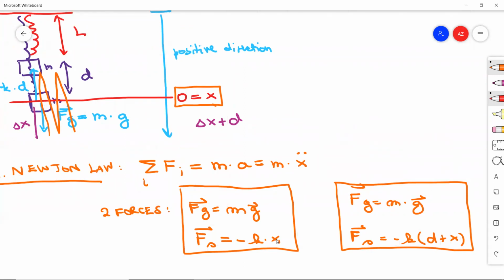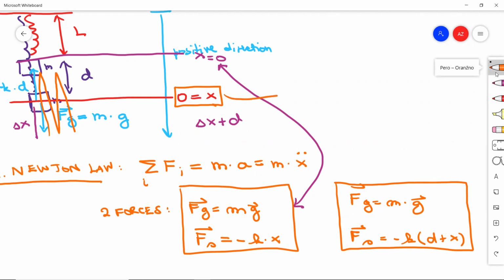If the origin is here, x is 0, then this refers to the first model. This x would then measure the displacement from this point. But if we put the origin to this point here, then we need to also add this d here. Thank you for this correction.